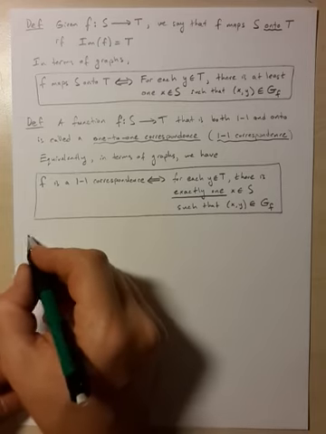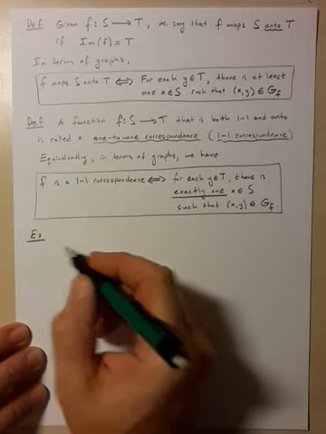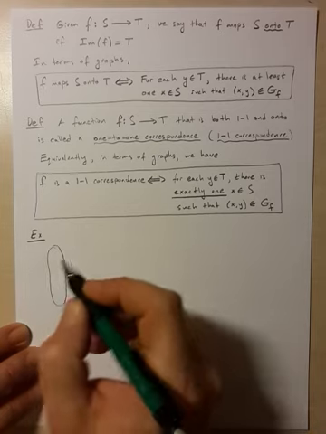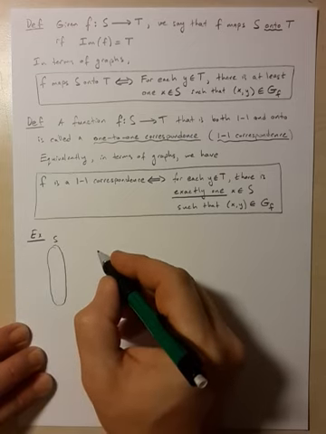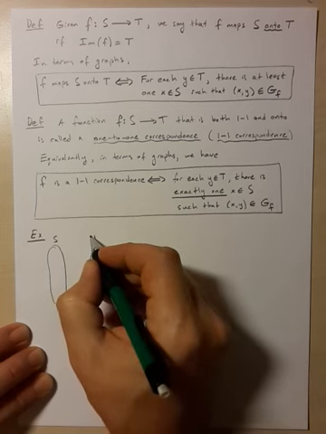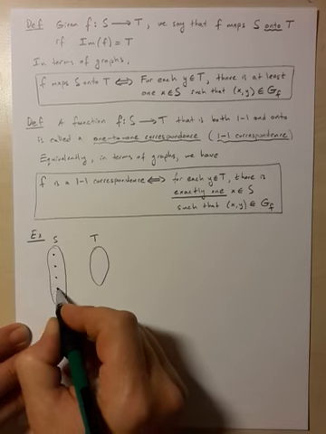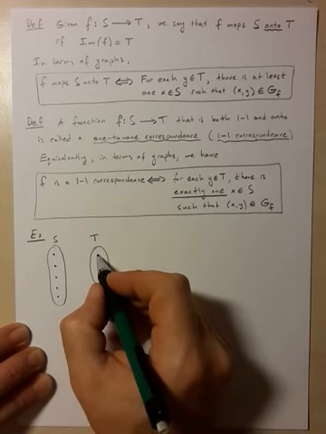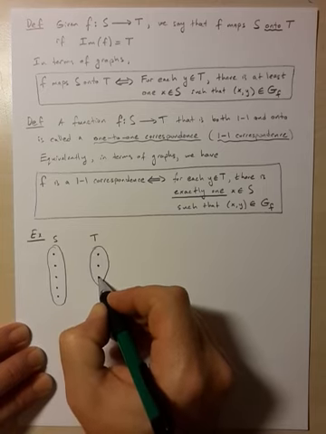Okay, let me give some examples. For instance, let us use some Venn diagrams. In all these examples, I will draw some Venn diagrams. Let's say we have a set S, and this is T. Let's say S has 5 points in this example, and T has 3 points.